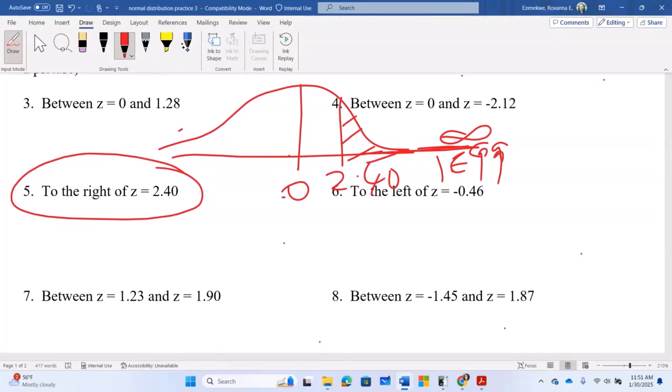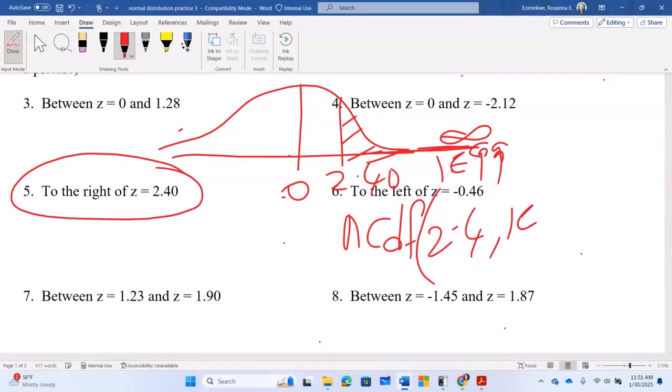If it is area to the left, then it is negative 1 e to the power 99. Okay, so what I'm going to do now is pull my calculator up. By the way, what kind of arguments do I have? So this is the argument I'm going to put in. Normal cumulative density function. Lower bound is 2.4 because 2.4 is smaller than positive infinity. Upper bound is positive infinity.